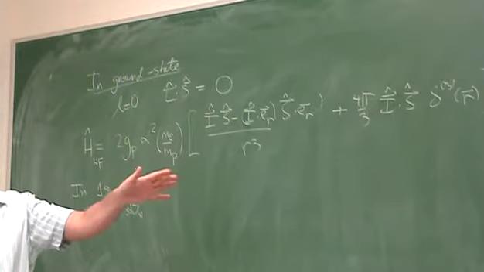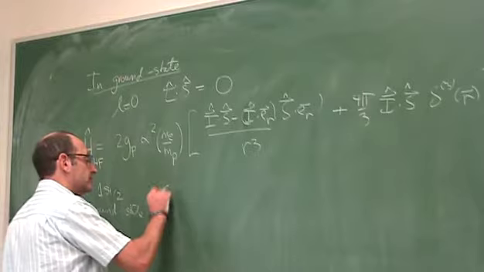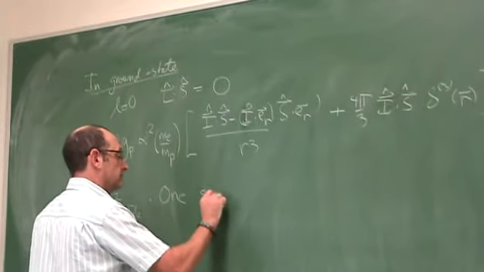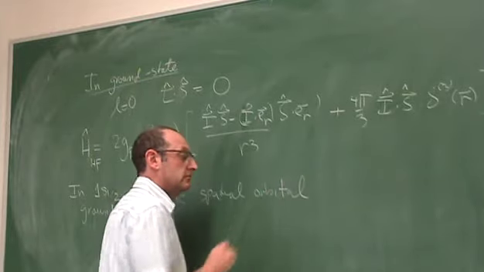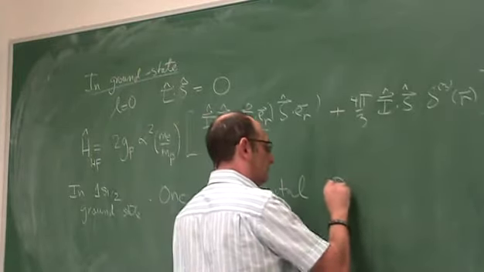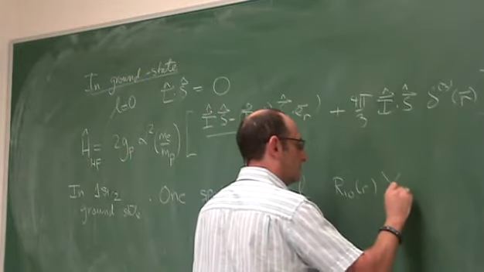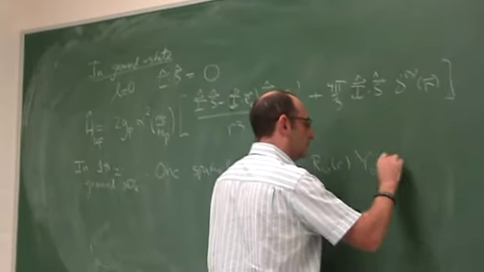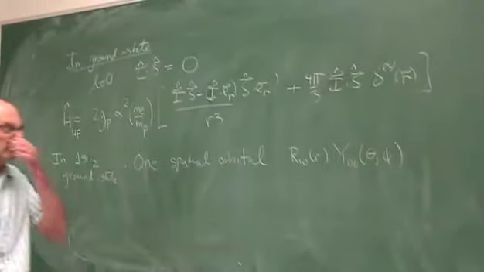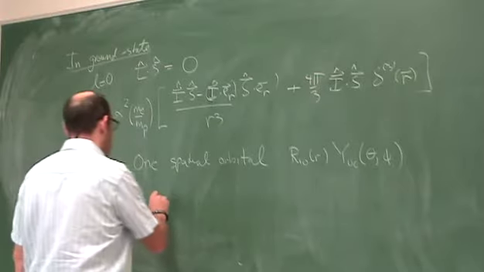And there's only one radial wave function, R_10. So all of this is one orbital.